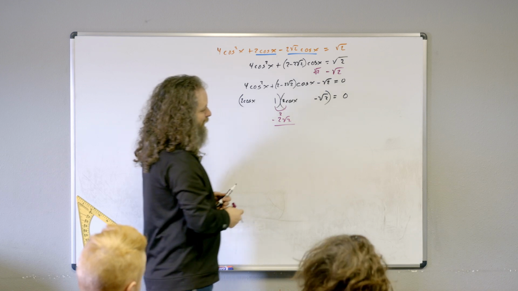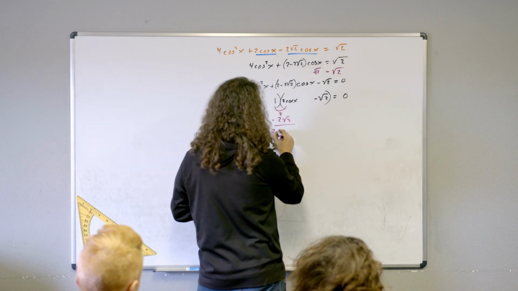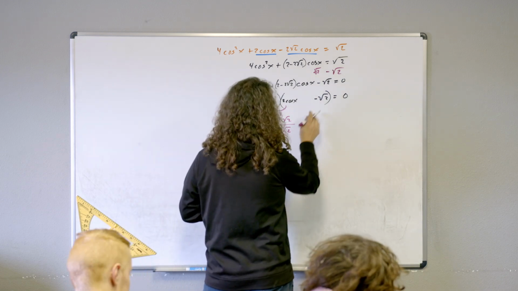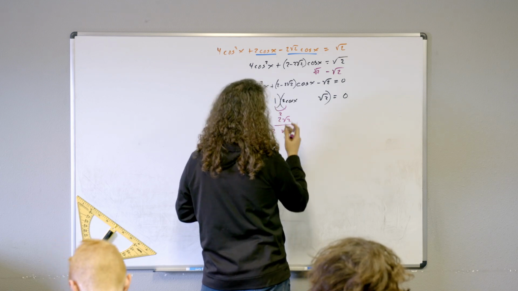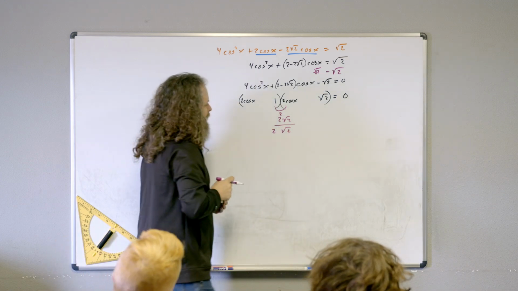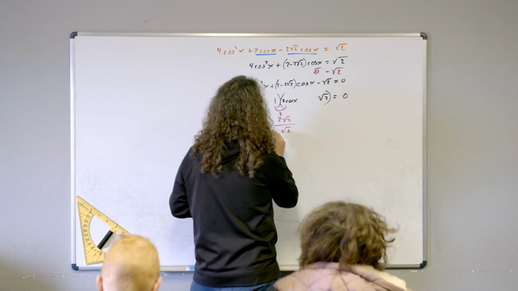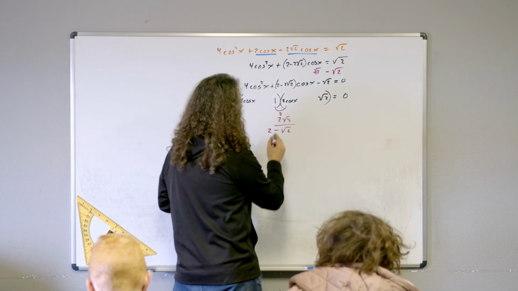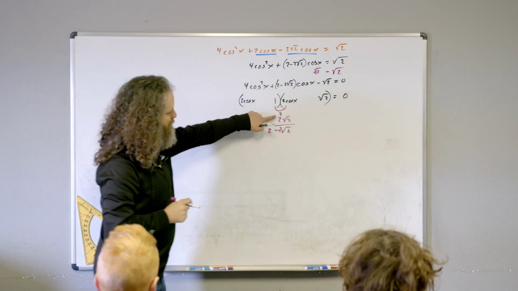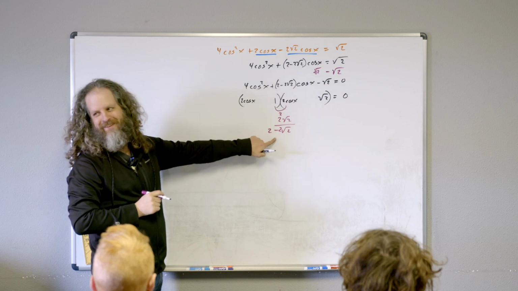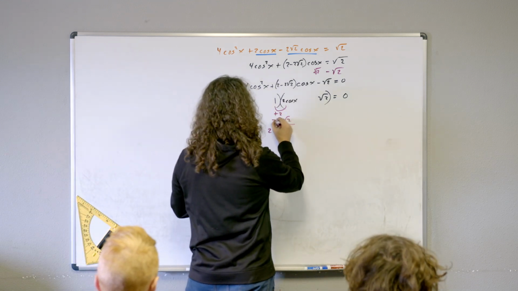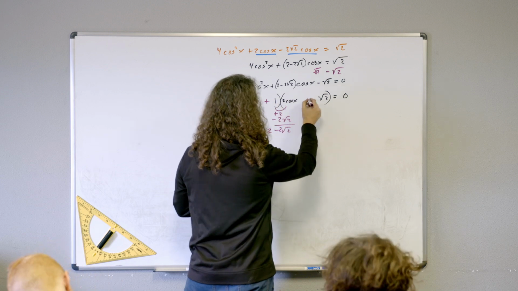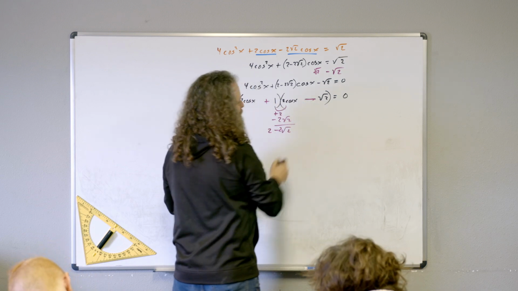Can we add or subtract those to get 2 minus square root of 2? Yes, we can. What do the signs need to be? Plus, minus. And whoop-de-doo, it factored.